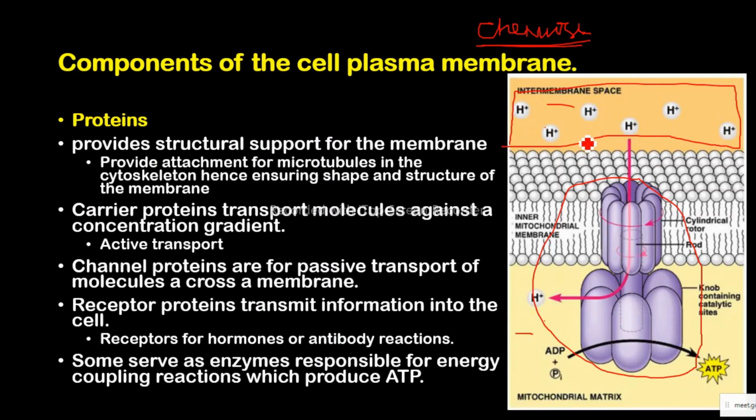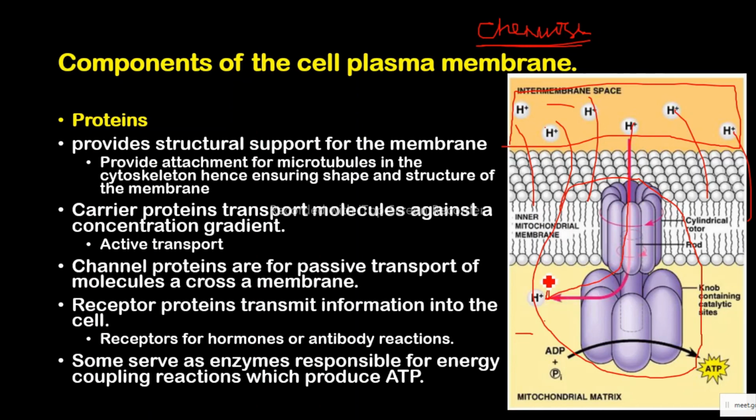Say that if you have a high concentration of hydrogen ions in the intermembrane space than in the matrix, then at any time, these hydrogen ions will tend to diffuse. But because they are polar molecules, they can't pass through the phospholipid bilayer. So you have a specific protein that will provide a channel where these ions will diffuse through.